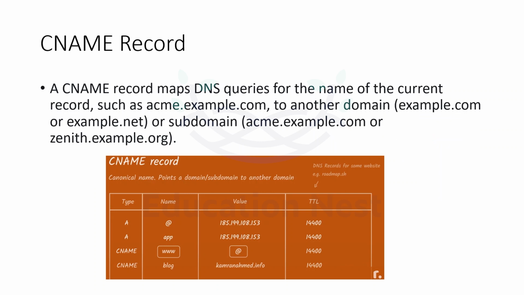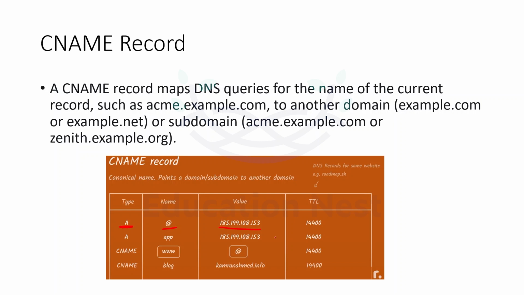Then we have the CNAME record. What it will do is map the DNS queries for the name of the current record, such as acme.example.com, to another domain or subdomain. Here we have taken an example. The A record has this @ and it has this IP value.